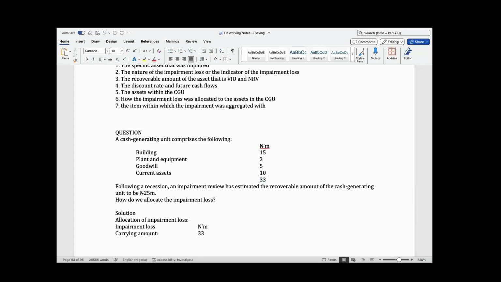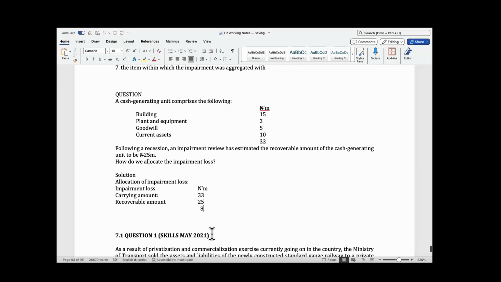It's the entire assets of the CGU, because they put them together. They're a group of assets. What's the recoverable amount of the CGU? 25. That means the impairment loss is how much? 8 million.